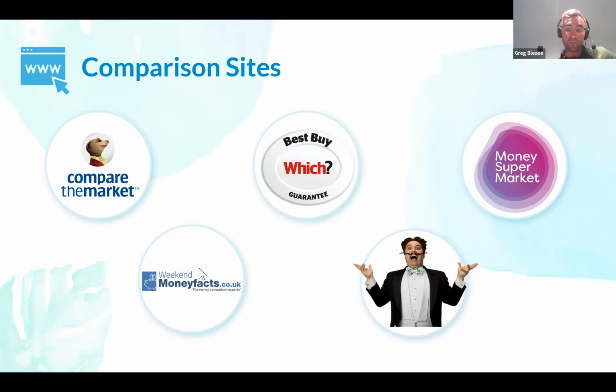On top of switching, we can look to start cancelling things if we're not using them, any unused subscriptions, things like that. If you've got an internet provider that comes with a landline that you don't use, for example, consider switching that or getting rid of it. If you've got four Netflix accounts between the family, consider getting a family account instead. We all know interest rates are going up at the moment, so shop around for the best rates on bank accounts.